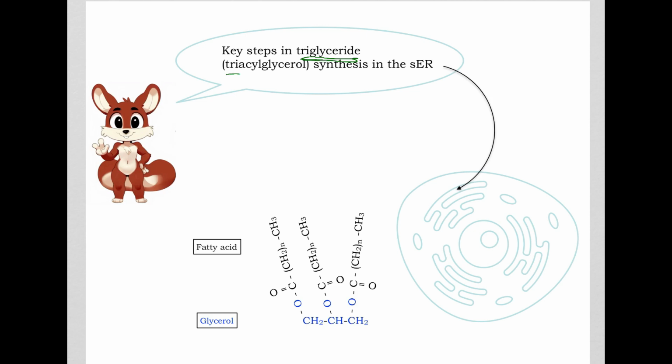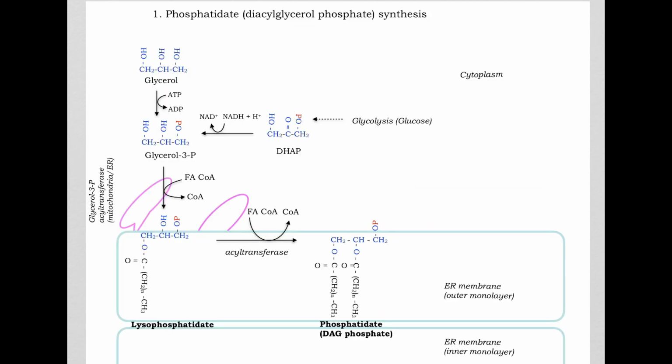Remember, triglycerides are also called triacylglycerols, which we abbreviate TAG. So let's look at how these triglycerides are made in your smooth endoplasmic reticulum. Just to remind you, triglycerides have two parts, your glycerol and your fatty acids. So here is the ER membrane, the outer monolayer, and this is the inner monolayer of your ER membrane.